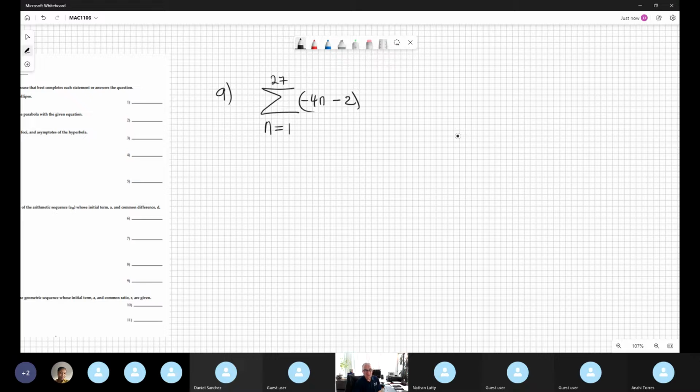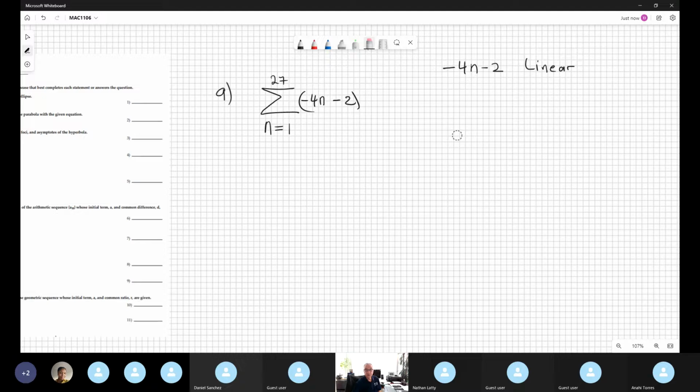I realize this is also an arithmetic sequence. How do you know it's an arithmetic sequence? Because this formula, negative 4n minus 2, is linear. Linear means the exponent is 1, no square, no cubic, which is non-linear. This is linear, so it is arithmetic.